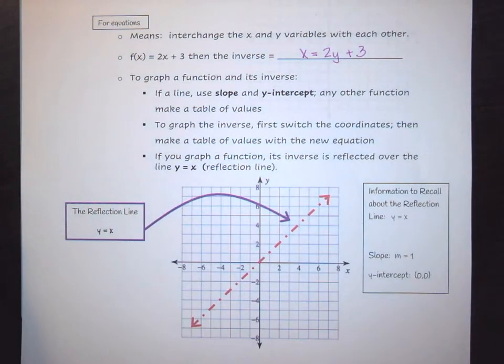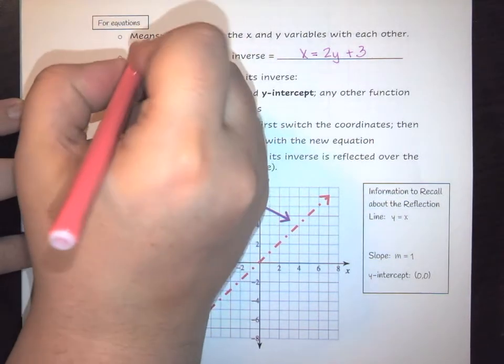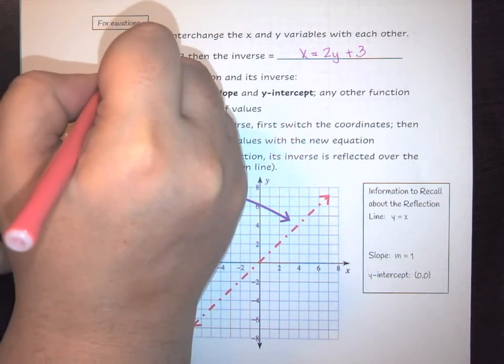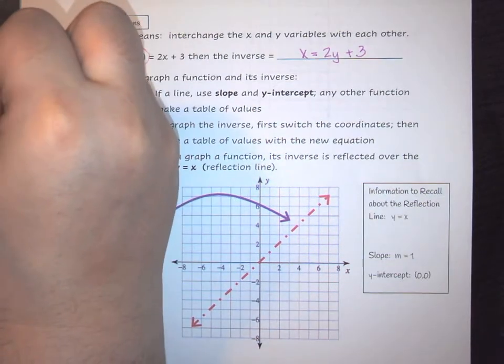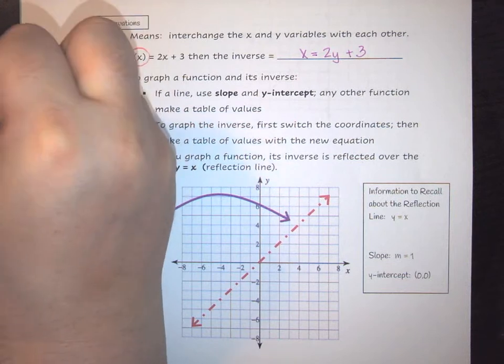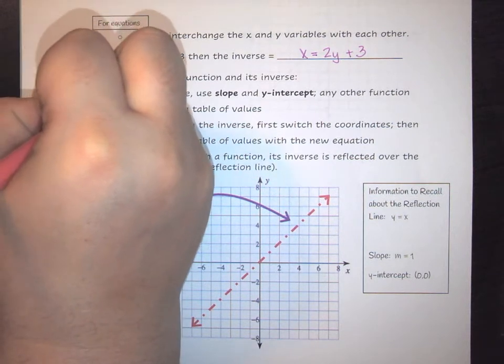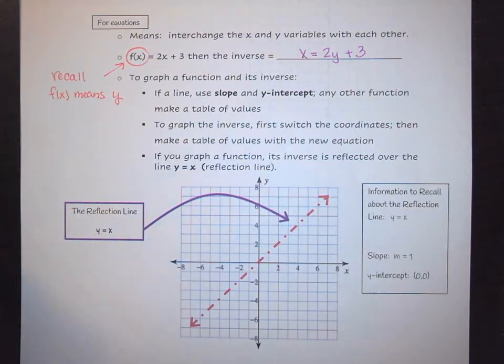And we have to recall your notation: this f of x, you need to recall that f of x means y. And so we just simply interchange that x and y position.